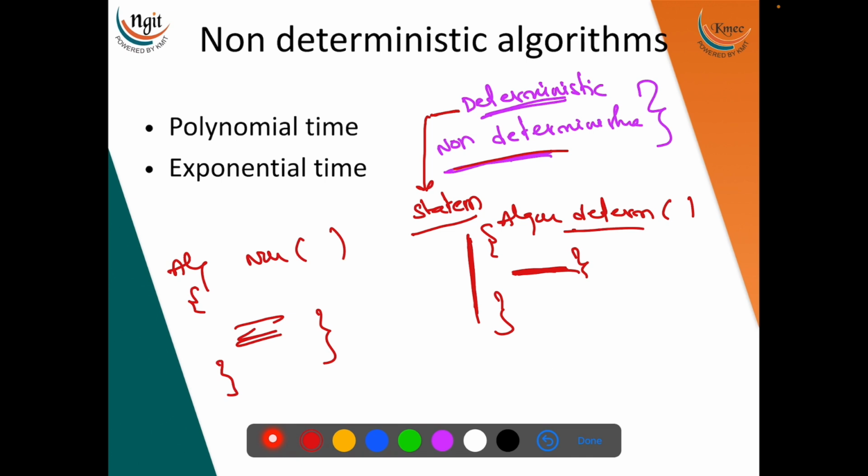That's why we could write the algorithm, otherwise we would not write it, right? Deterministic means each and every statement we know how it works. Non-deterministic means if you are writing n statements, you know how a few of them work and a few you don't know how they work. So this is a non-deterministic algorithm.